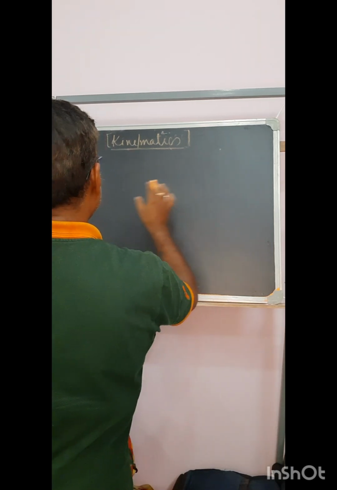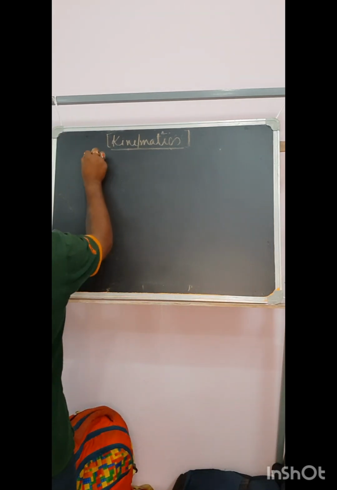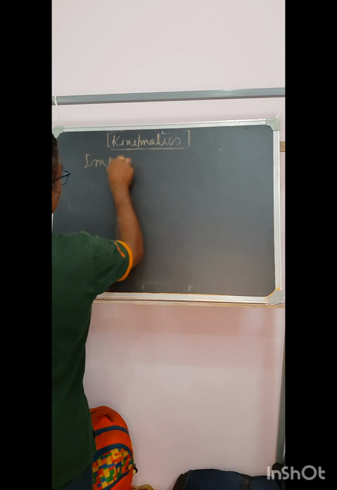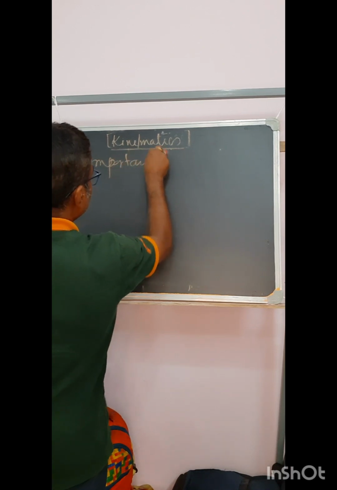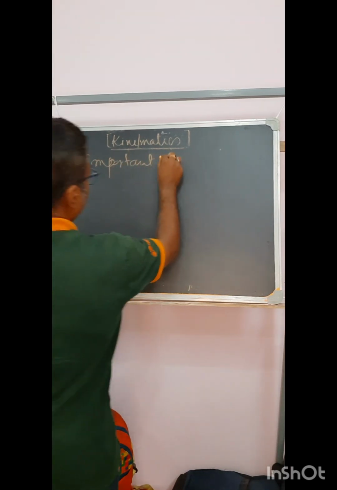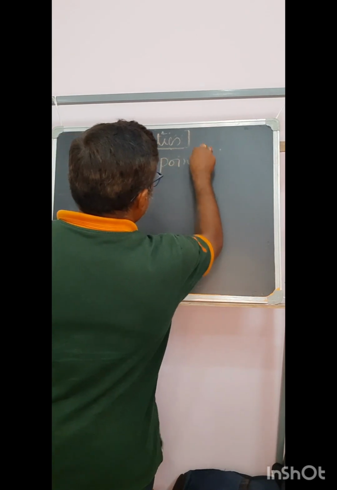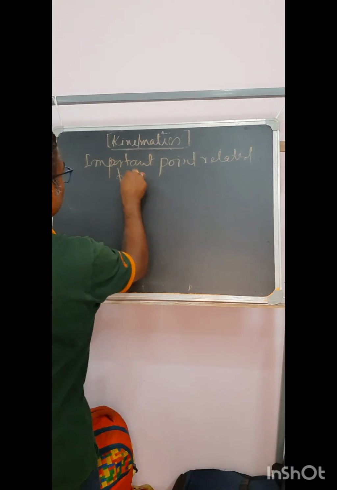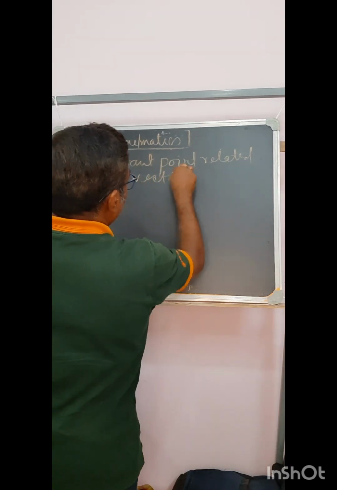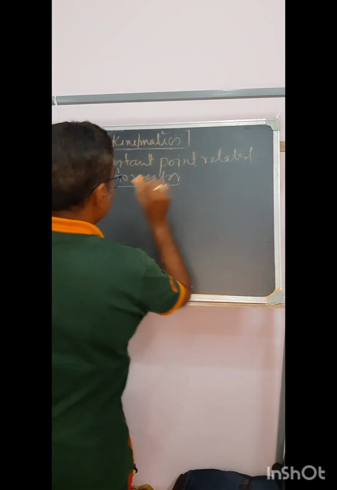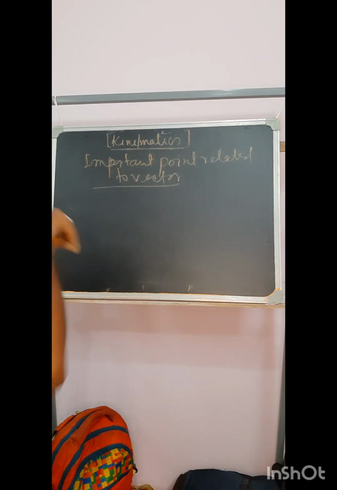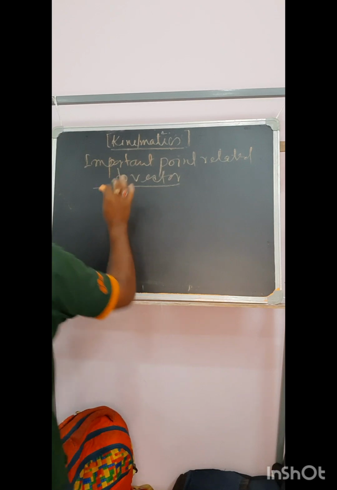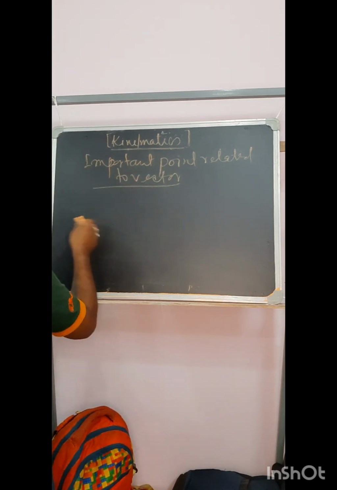So direction I think you understood. These are the points which are universally accepted for a vector to describe any problem regarding vector. Okay, so this has to be a standard one, it cannot be deviated.